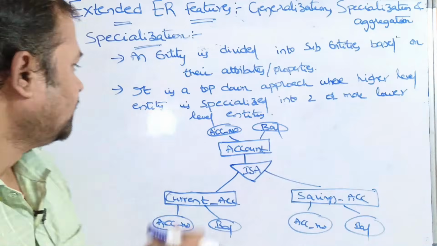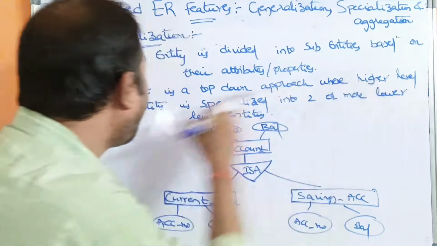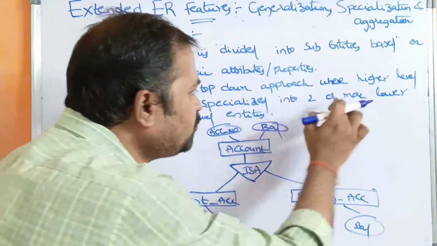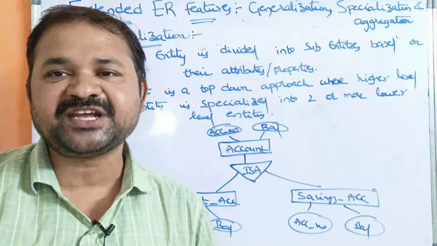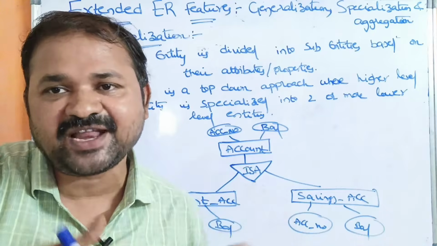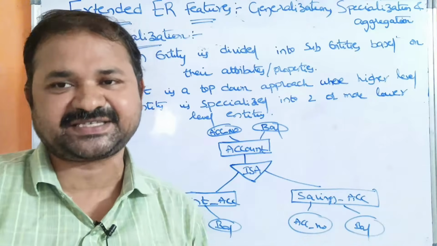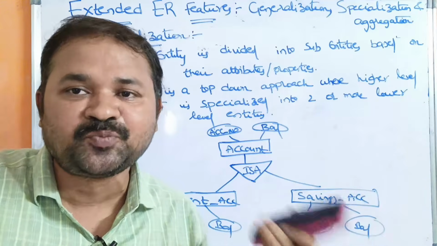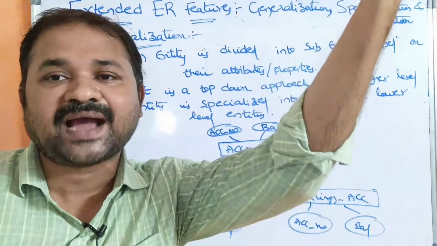Okay. Specialization is a top-down approach where a higher level entity is specialized, divided into two or more lower level entities. So specialization means a higher level entity is divided into several lower level entities based on the attributes or properties, whereas generalization means lower level entities are grouped, generalized to a higher level entity.